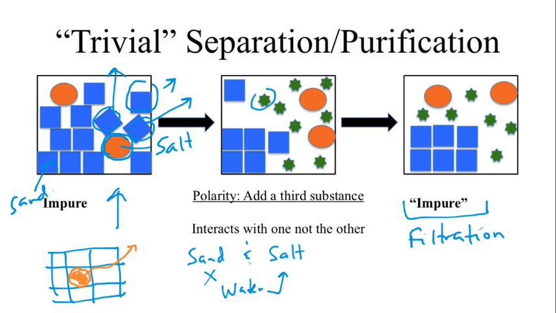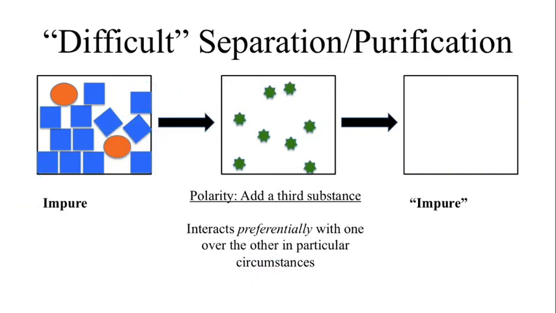Okay, so what we're going to do in our difficult separation is we're going to try and take advantage of something else. Our solvent must be able to dissolve everything.